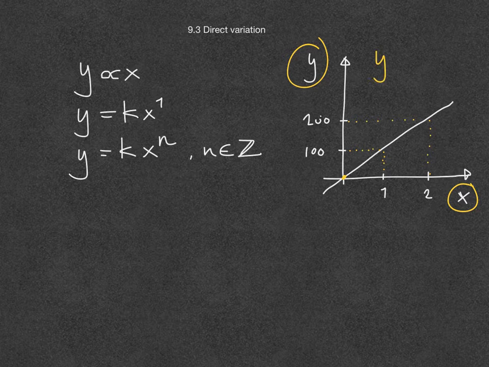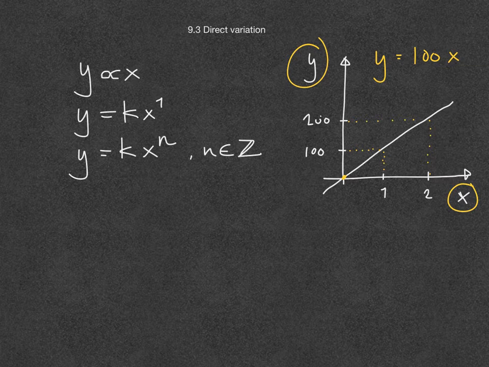So in this case, y equals 100x. So we multiply 1 with 100 to get 100. We multiply x with 200 to get 200.